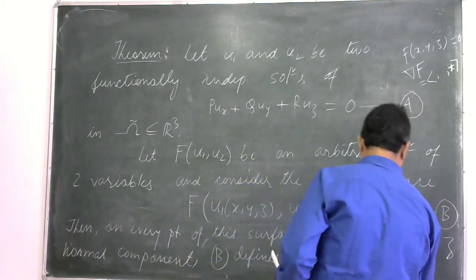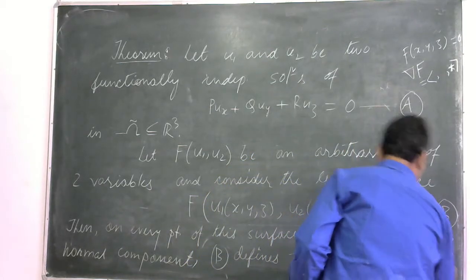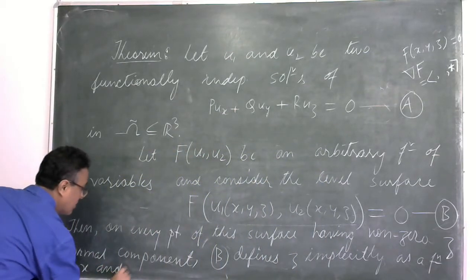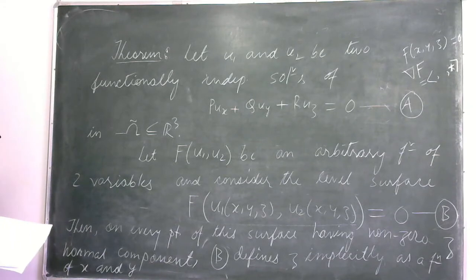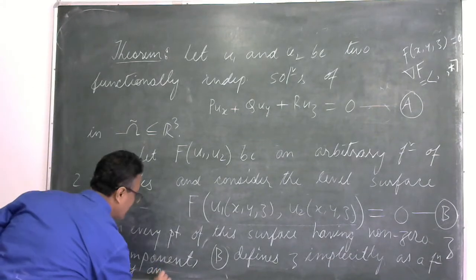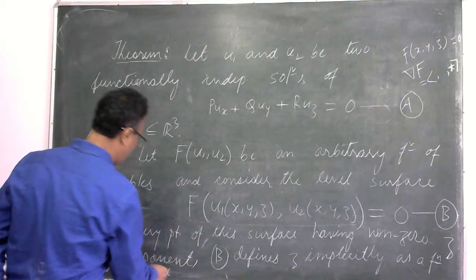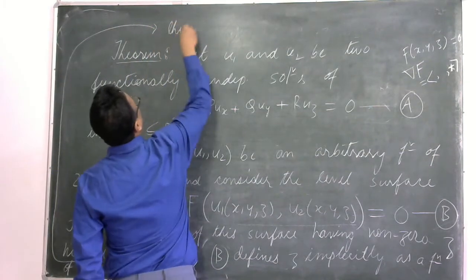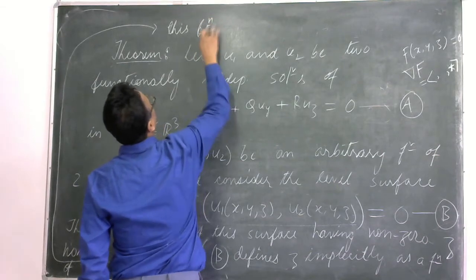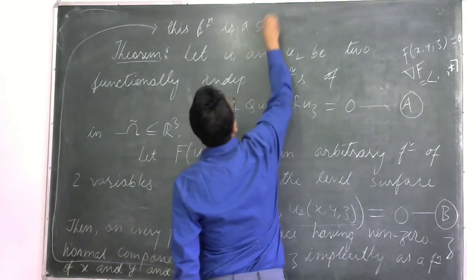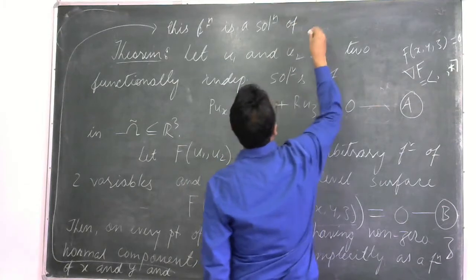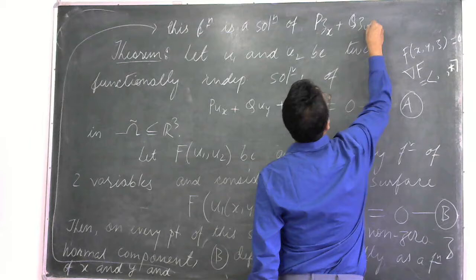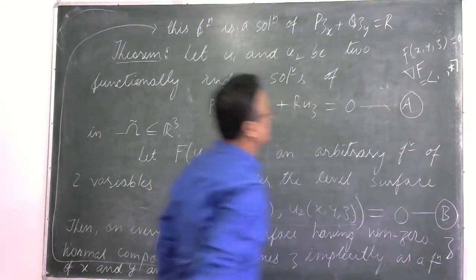Define Z implicitly as a function of x and y, and what happens? This particular function is a solution of this equation, zx plus 2 zy plus r. Okay, I'll come back to that now.